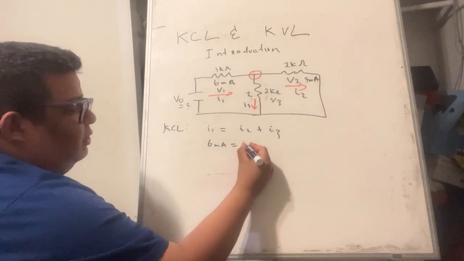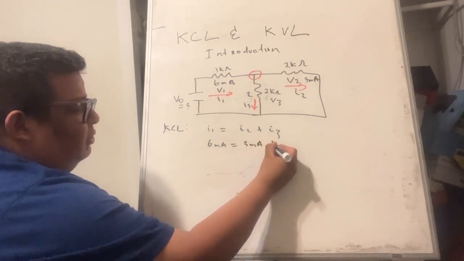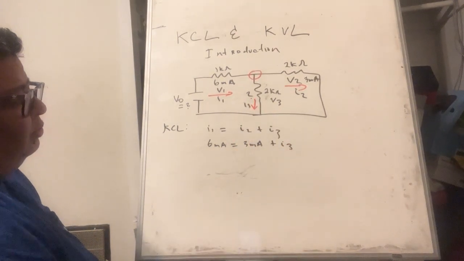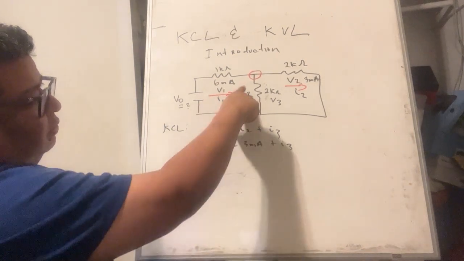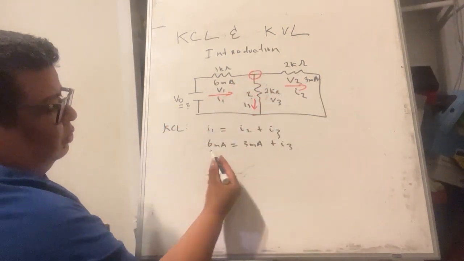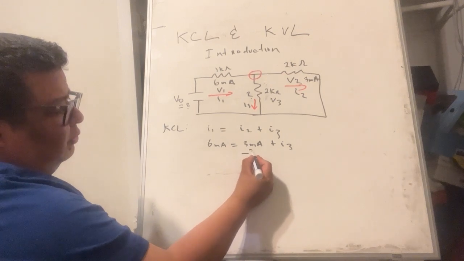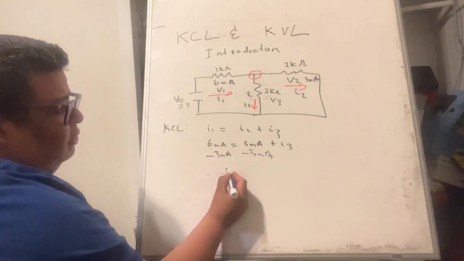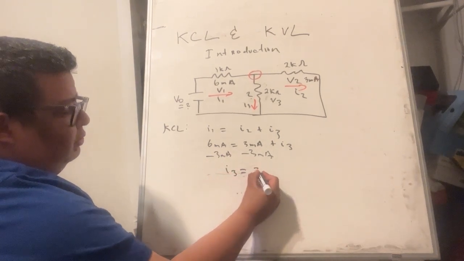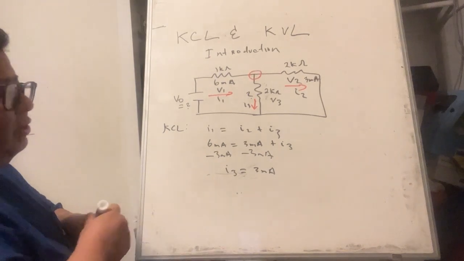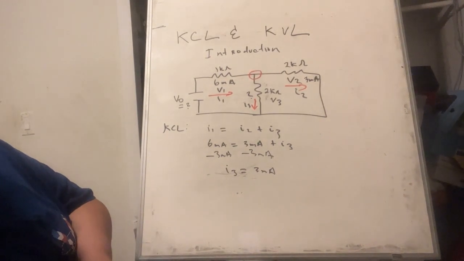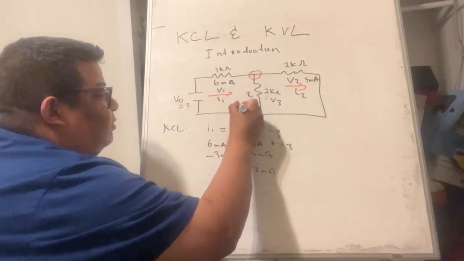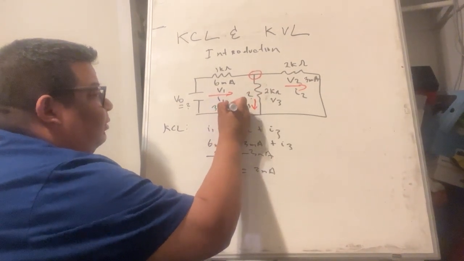We don't know I3 and need to find it. Kirchhoff's current law says going in is going out. So I3 is 6 minus 3 milliamps, so I3 is equal to 3 milliamps.